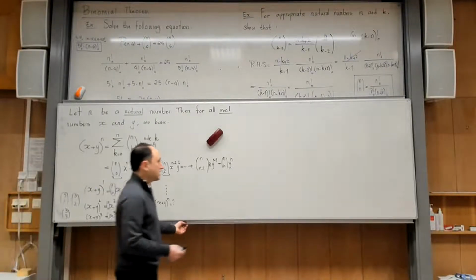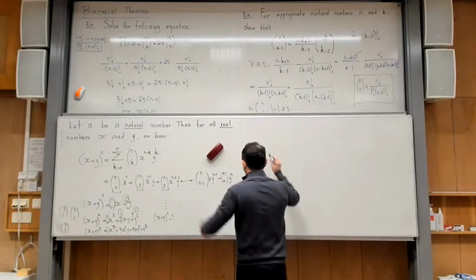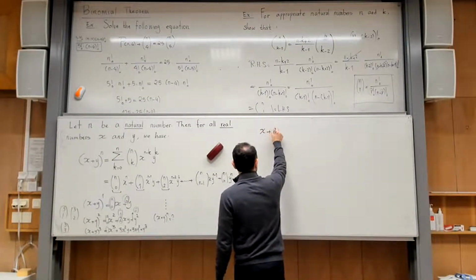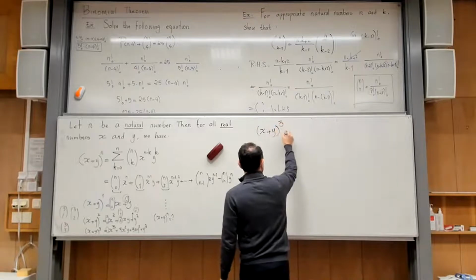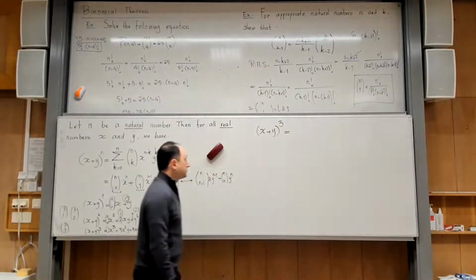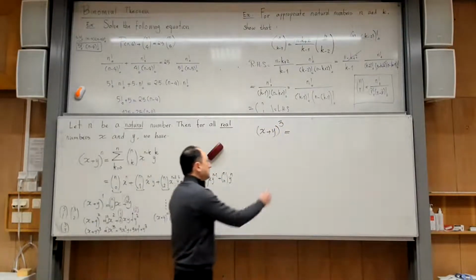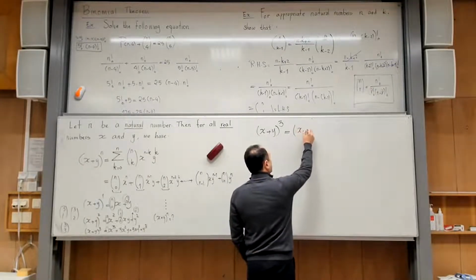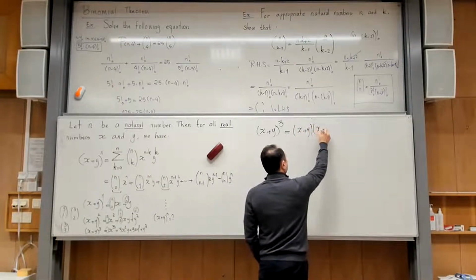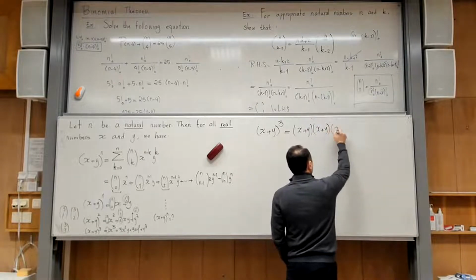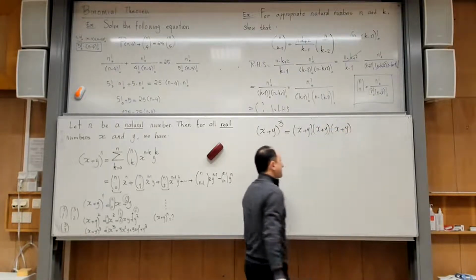So let us understand the problem. Let us consider the simple case of this. This can be written as x plus y multiplied by x plus y multiplied by x plus y.